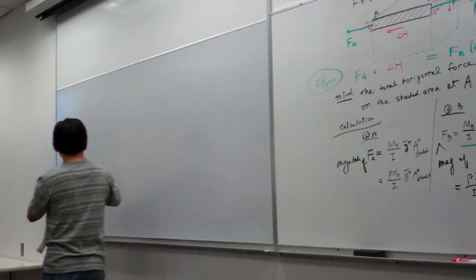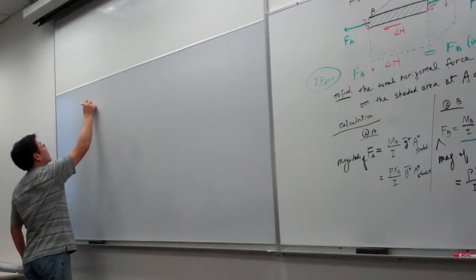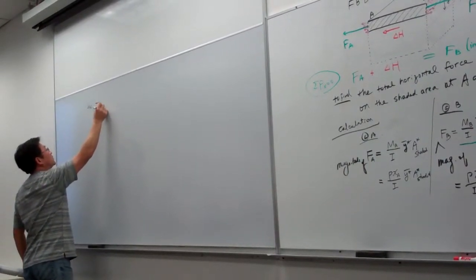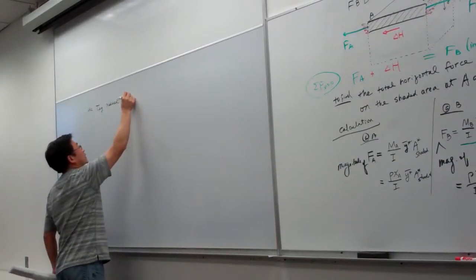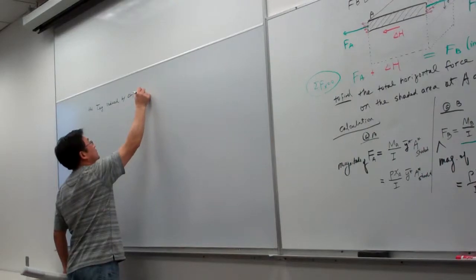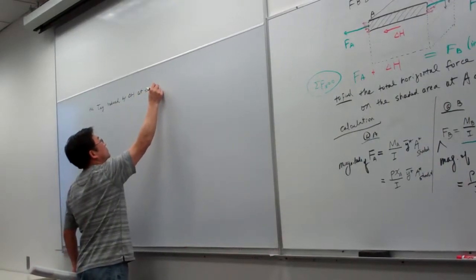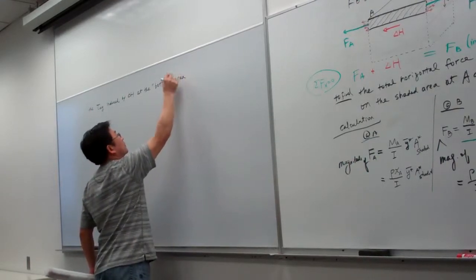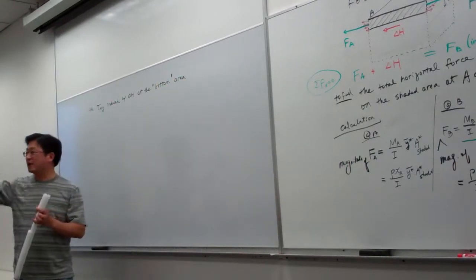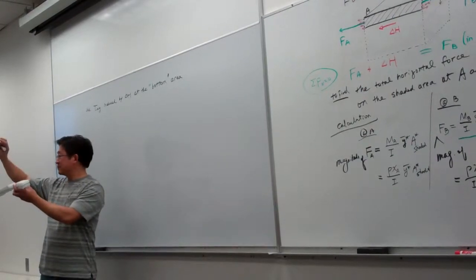So the tau average induced by delta H at the bottom area. Hopefully you know what I mean. The bottom is this one here.